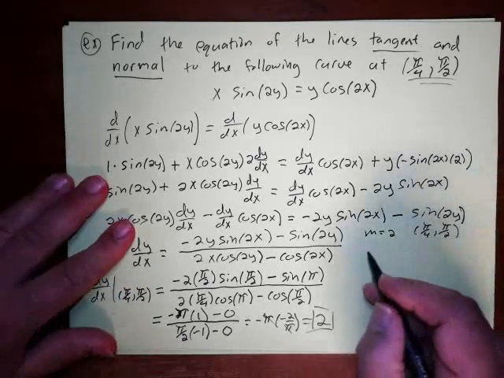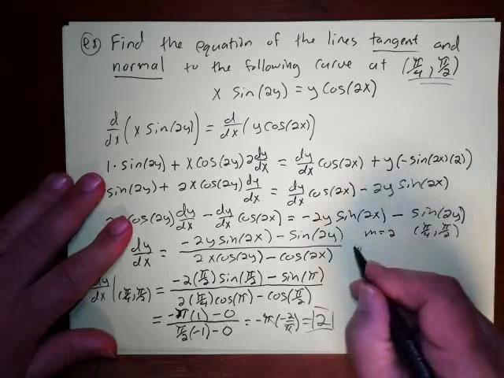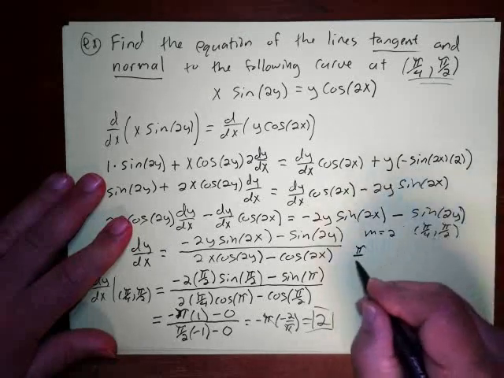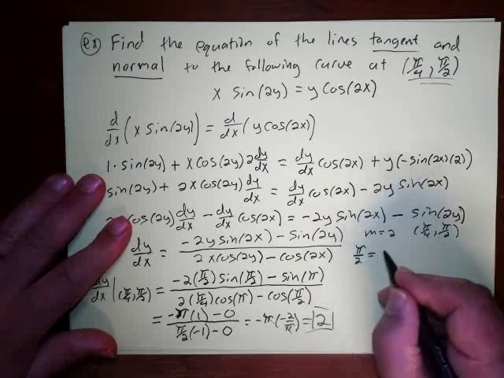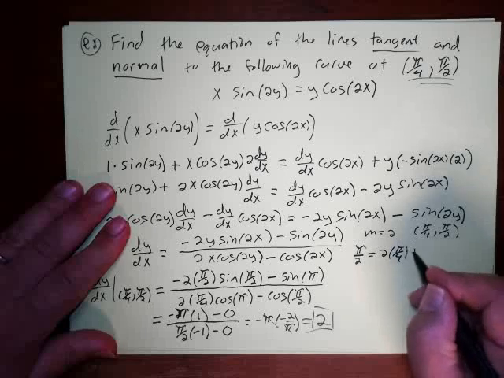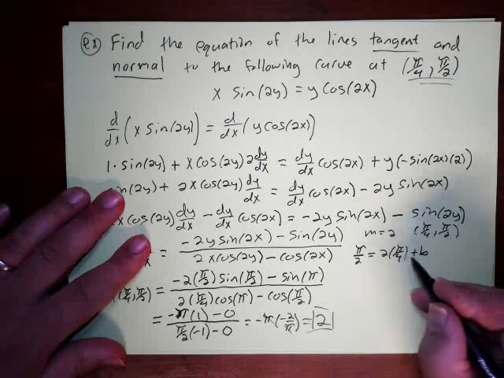ordered pair. So this is the y, so it'll be y equals mx plus b, where m is 2, and then the x and the y are here. So pi over 2 is equal to 2 times pi over 4 plus b. Okay, so this is like pi over 2.